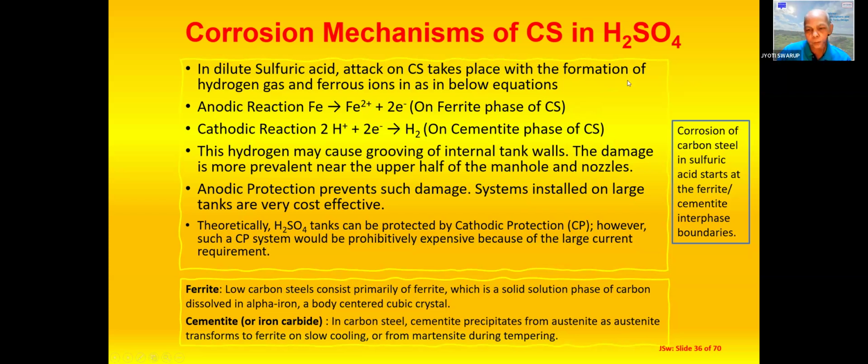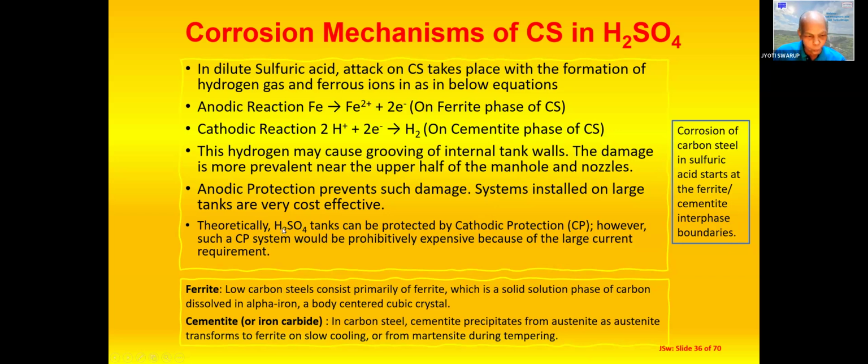So look at the microstructure of the carbon steel. There are different behaviors on the ferrite and the cementite phase, and this hydrogen may cause grooving of the internal tank walls that we talked about. The damage is most prevalent near the upper half of the manhole and nozzle. Now, corrosion of the carbon steel in sulfuric acid starts at the ferrite-cementite interface boundary.